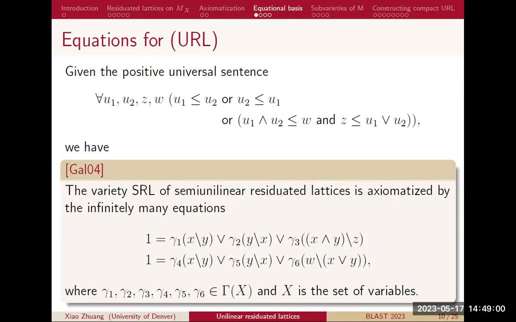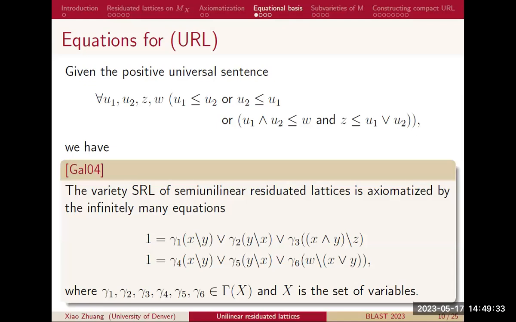You can substitute any iterated conjunction into any gamma 1 to gamma 6, and it will provide one of the equations we need to axiomatize this class. It turns out we need infinitely many. We try to make it finite, but until now the attempt hasn't had any success or hope for success. I think maybe that's beyond my ability.